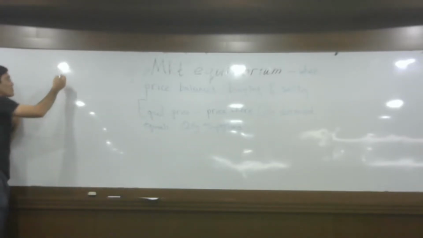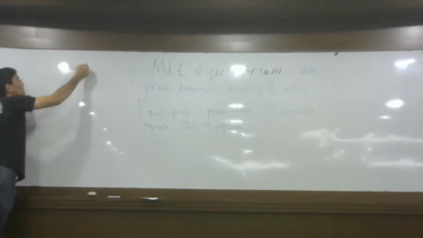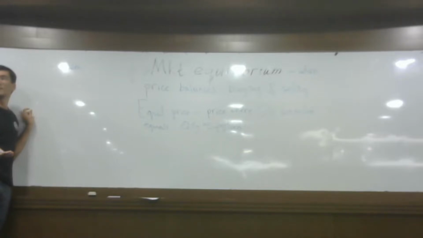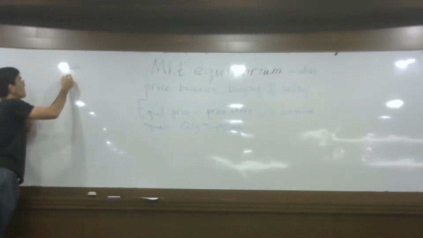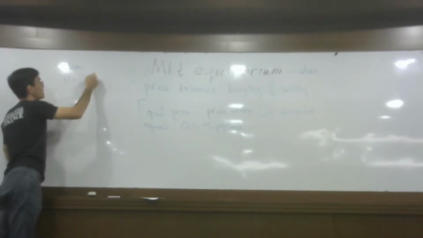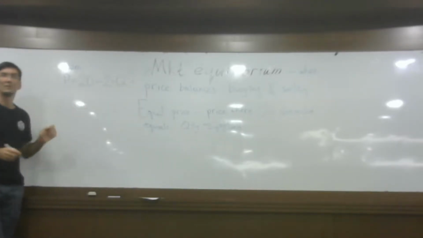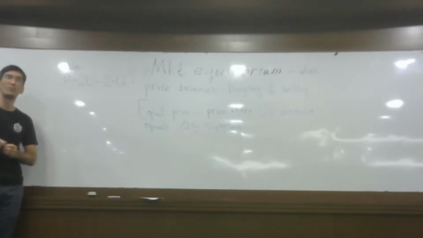We can have any sort of function for demand. For example, let's say demand is a straight line, easy to deal with straight lines. Let's say demand has a function of price equals, let's say, 20 minus 2 times Q. Is that a straight line or is that a curve?